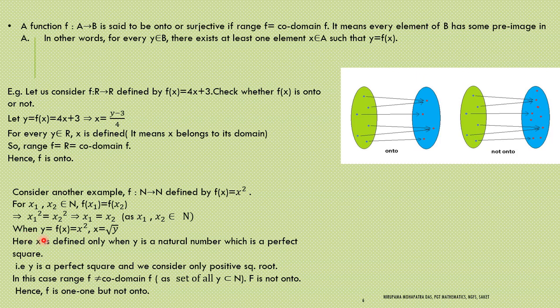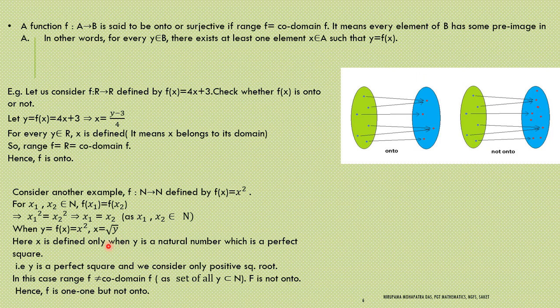But if we want to check whether it is onto or not, let's see, y equal to f(x) equal to x square, it means x equal to under root y. So here x is defined only when y is a natural number which is a perfect square, right? If y equal to 1, x will be 1, y equal to 4, x equal to 2, y 9, x 3.